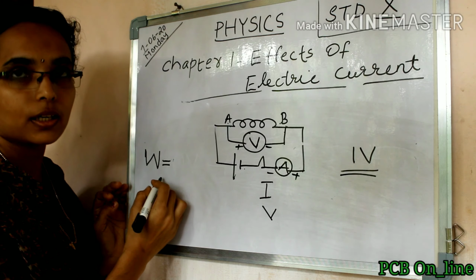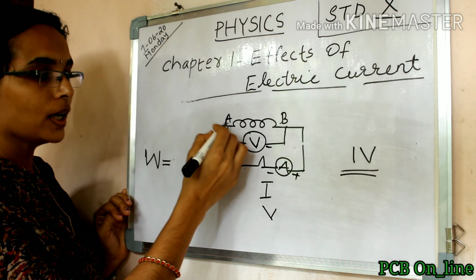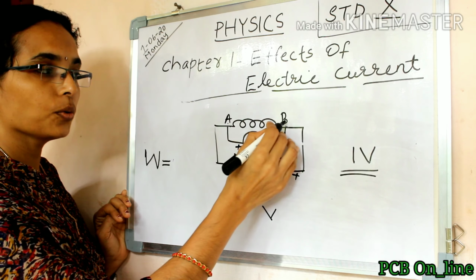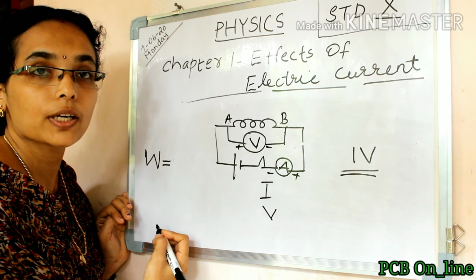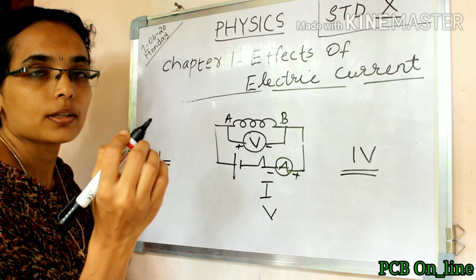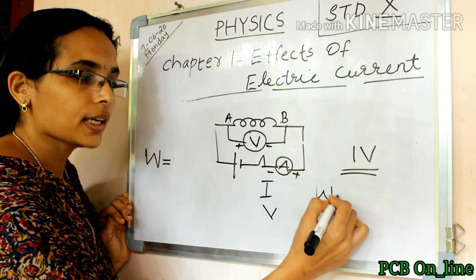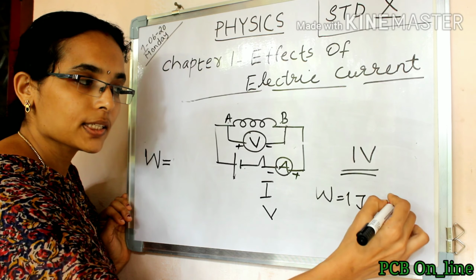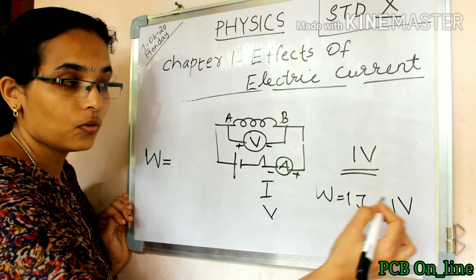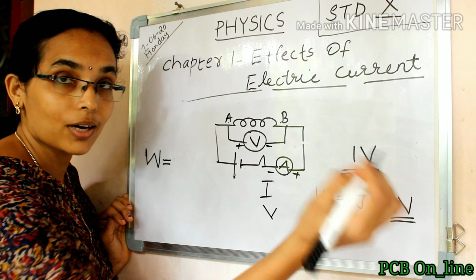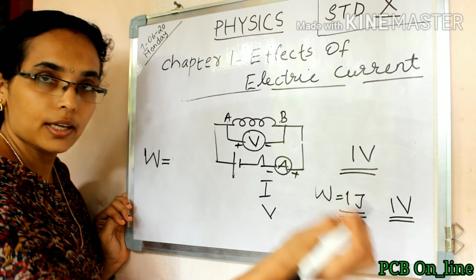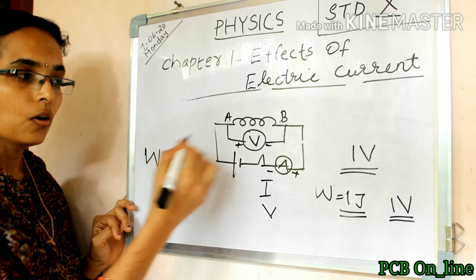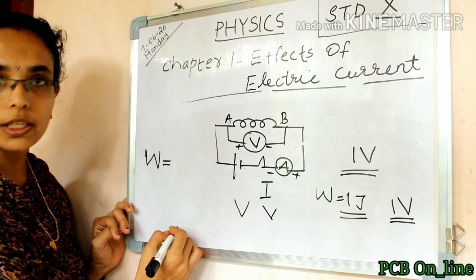Now, what is the work done to move 1 coulomb of charge from A to B through a potential difference of V volt? The work done is equal to 1 joule if there is a potential difference of 1 volt. For 1 volt potential difference, the work done is 1 joule. Then, what will be the work done for V volt potential difference?